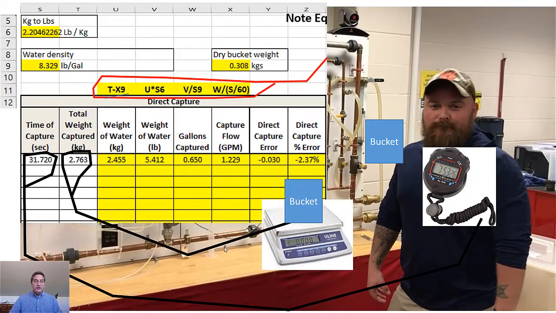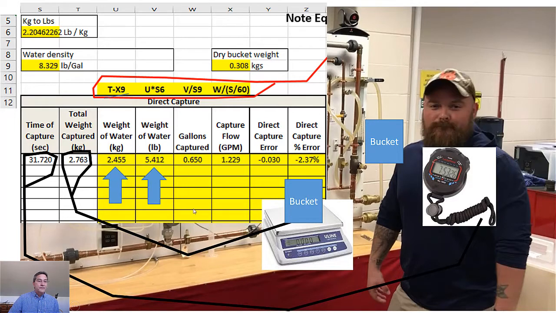Then what we'll do is take that bucket, and we'll weigh it and record the weight of the bucket right there. And then from that, we now can get the weight of the water, because it's going to be the total weight minus the weight of the dry bucket. And you see there's the dry bucket right there. So we've got to subtract the weight of the bucket out to know the weight of the water. We then can convert that into pounds using this factor up here in S6.